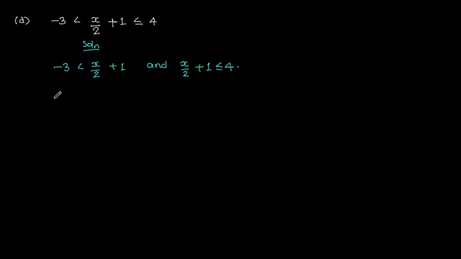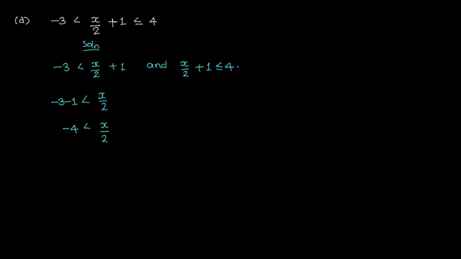Now let's collect like terms. We have here -3 minus 1 is less than x over 2. So this simplifies to -4 is less than x over 2.